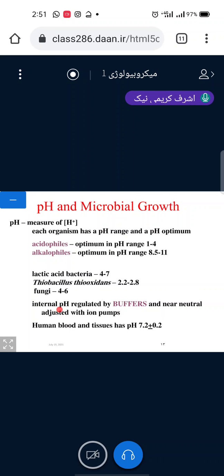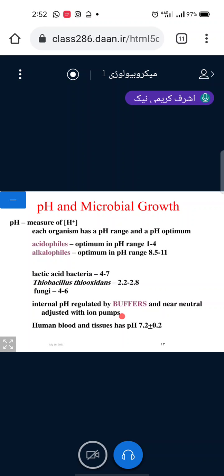Internal pH is regulated by buffers and adjusted near neutral with ion pumps, alkaline pumps and acidic pumps.